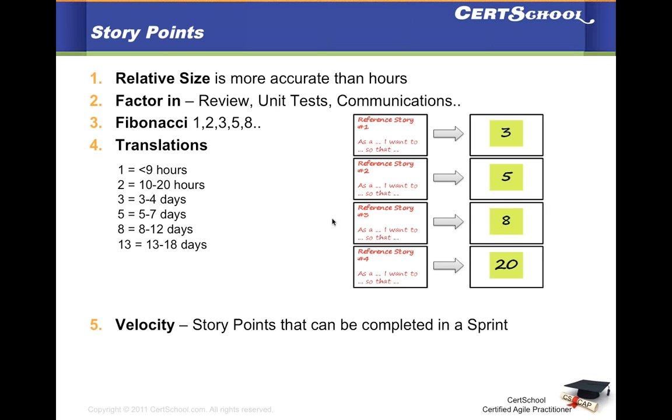Story points do relative estimation, or they try to assess a relative size. Studies have shown that relative size is always more accurate than an absolute size. You can think of it this way: if you're looking at a home and you want to compare the size of a master bedroom versus the living room, you can give a relative size and say the living room is twice as big as the master bedroom.